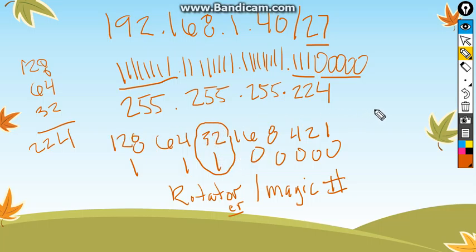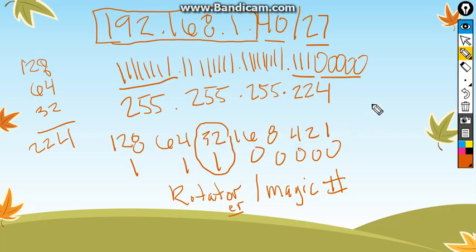If we were given this class C address, the first 3 octets are going to be used as network bits. The last octet is used for hosts, but since we subnetted, these 3 bits are our new subnet bits. And we know that 32 is our magic number.